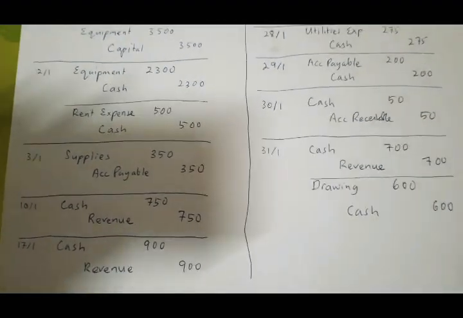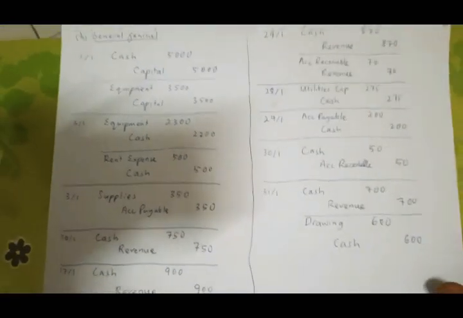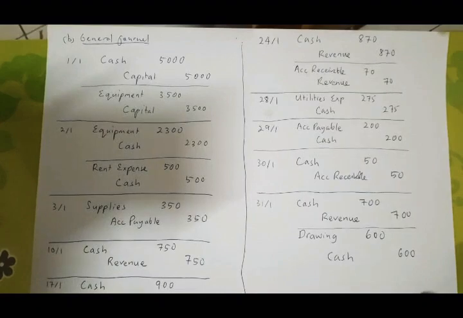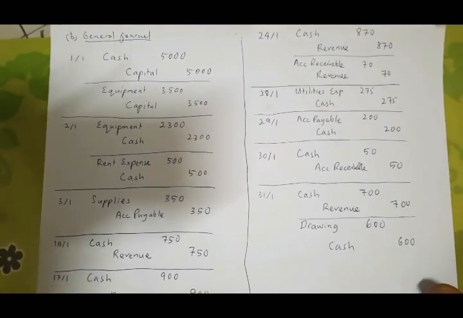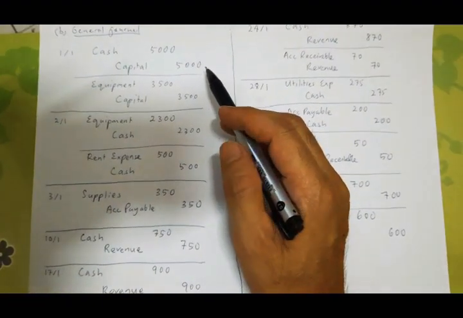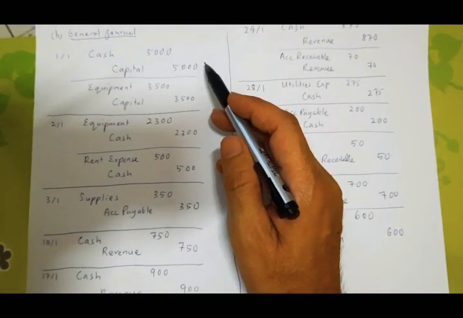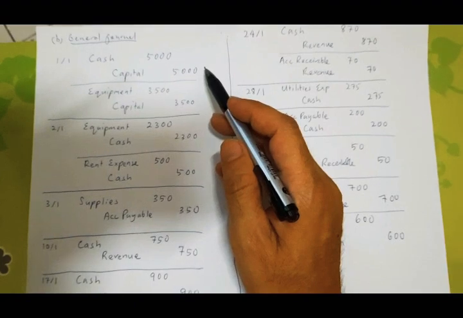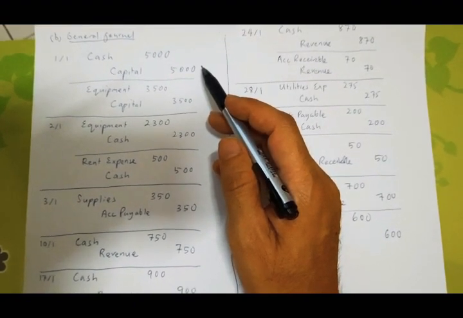To answer the C question, you have to refer to the second step of the accounting cycle. In the second step, you have recorded all the transactions in the general journal. Now the question asks you to post the journal entries to the ledger.